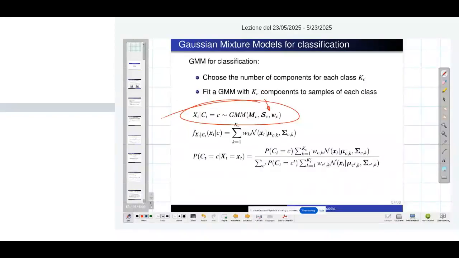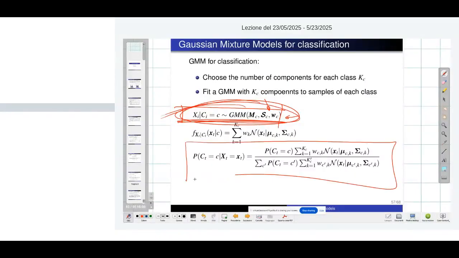Of course, the exact number will be tuned by cross-validation, but essentially, the samples of each class will be modeled by a GMM. We'll fit a GMM for each class, and then we will use that GMM to perform inference. So we will learn the GMM associated to each class, and then we will proceed as in the MVG model.